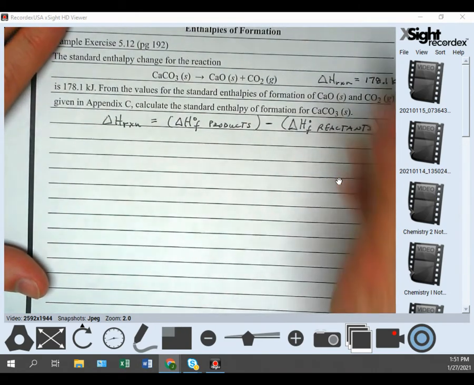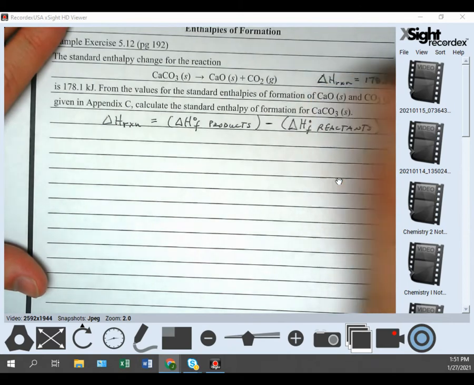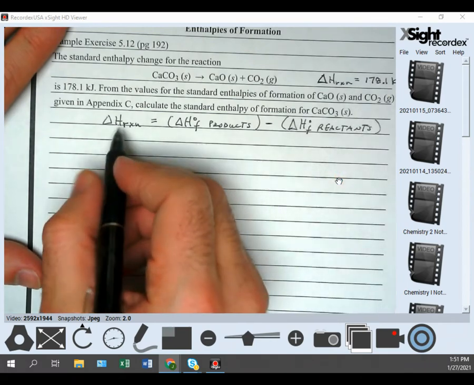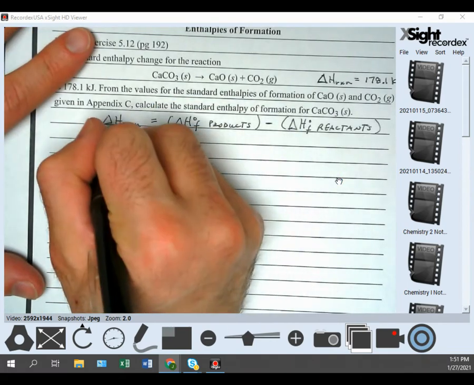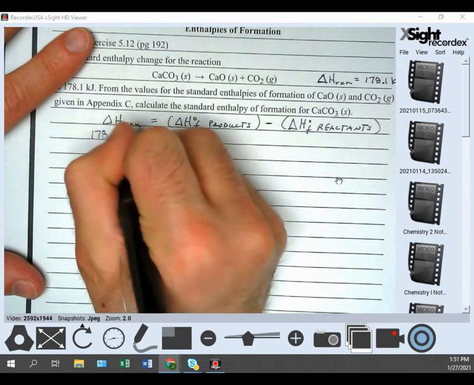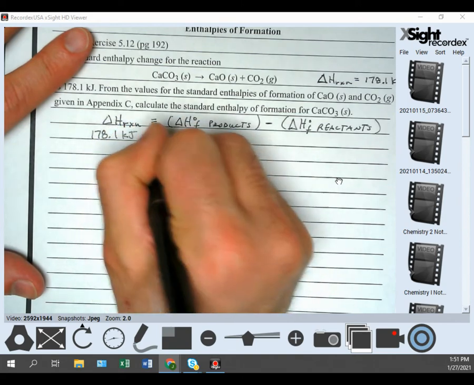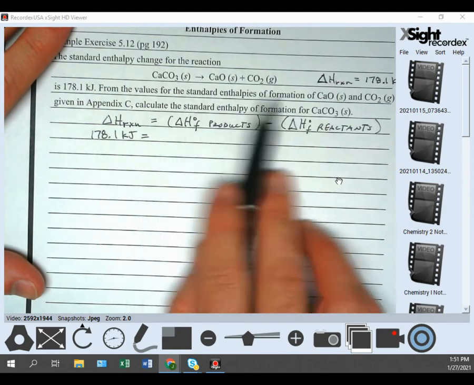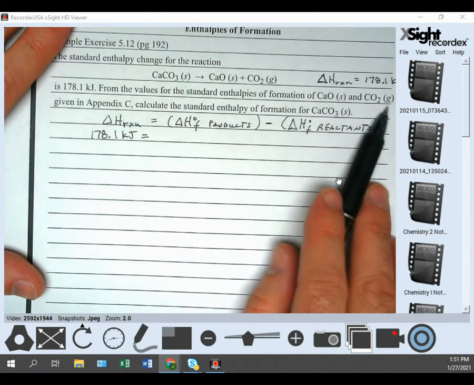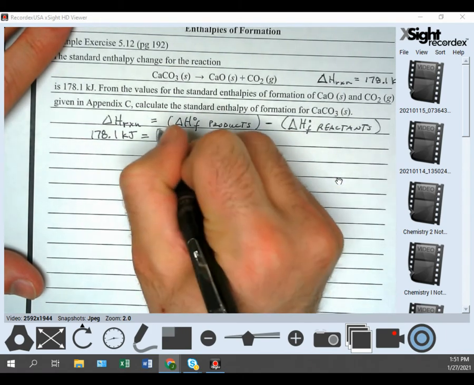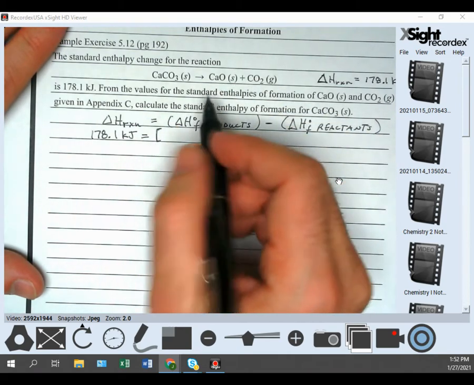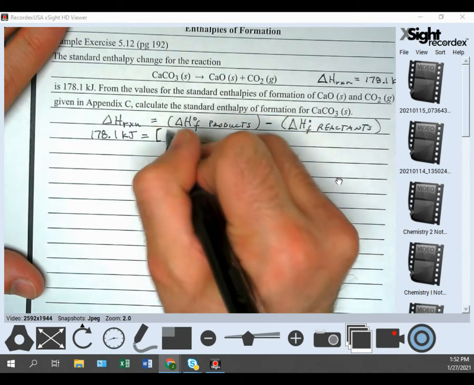What do we have? Well, we've got the delta H of the reaction, right? So we've got this part over here. That's 178.1 kilojoules. Delta H of formation of the products, that's these things. That's what they tell us to look up. So we got a bracket. The coefficients are 1, right?